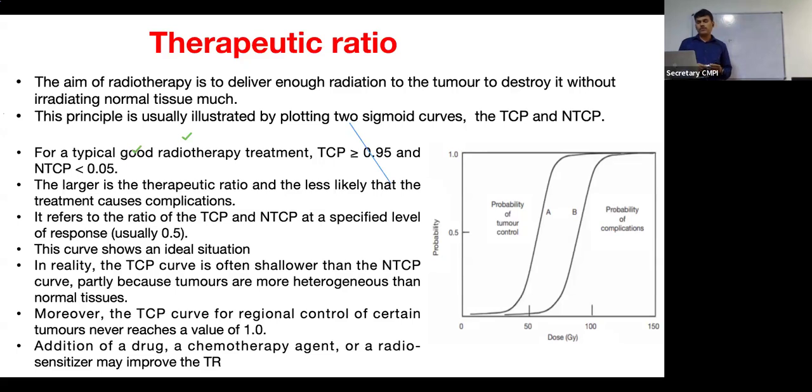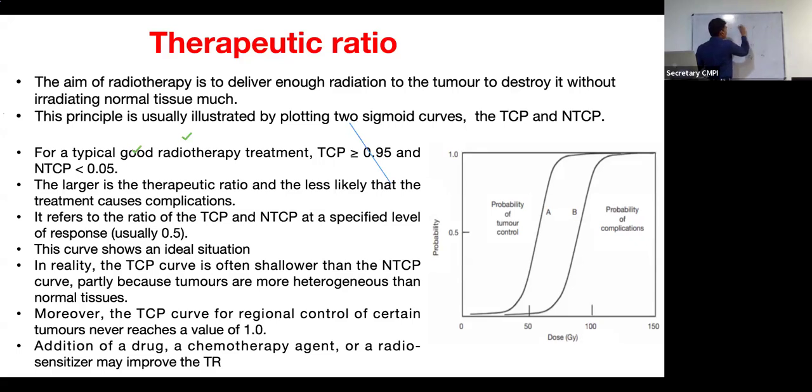Suppose you have these two curves, as you have seen in the diagram. A better TCP value is greater than or equal to 0.95, 95% TCP from the curve. You know that the curve goes up this way, somewhere here. This is TCP and this is NTCP.